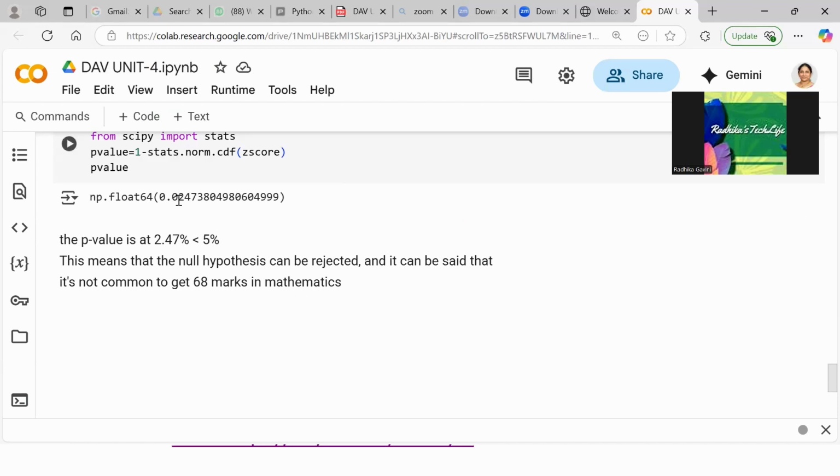Since the p-value here is 0.024, which is less than 0.05, it indicates that the null hypothesis has to be rejected. So there is no evidence of proving the null hypothesis. Hence the null hypothesis has to be rejected, which means that it is not common for the students to score more than 68 marks in mathematics.